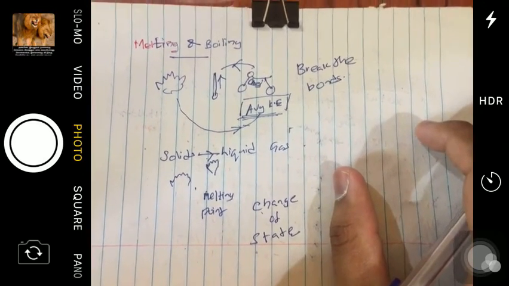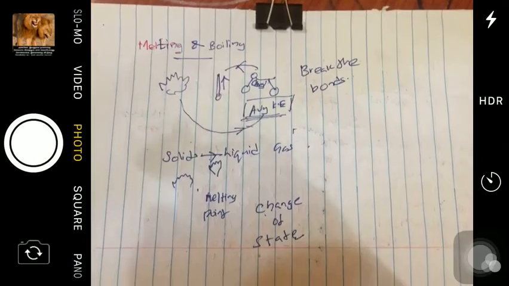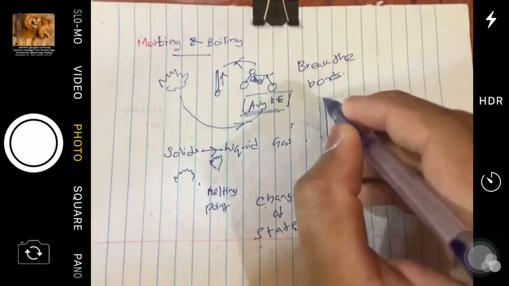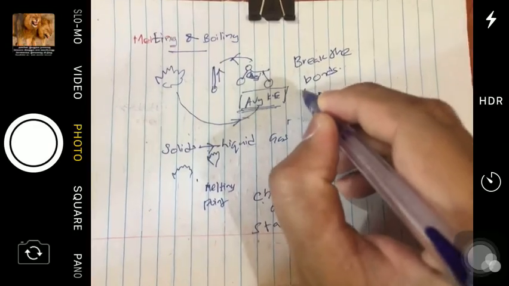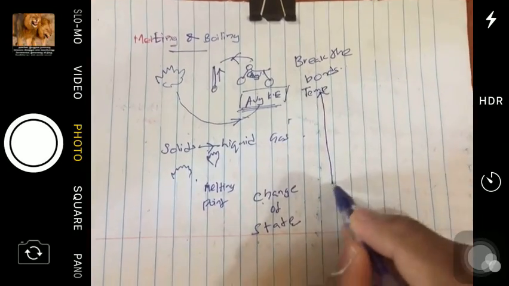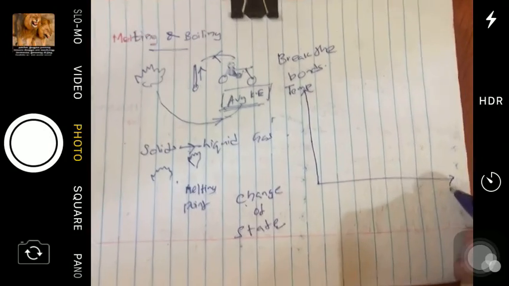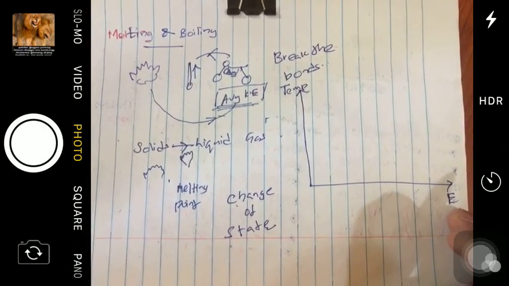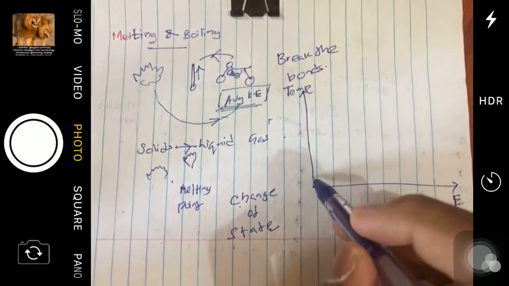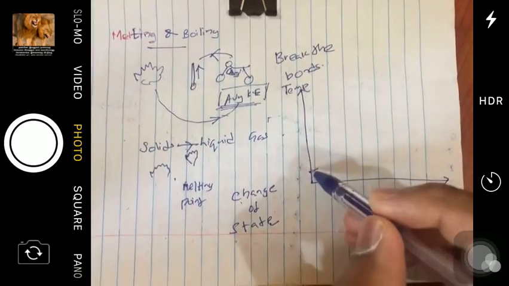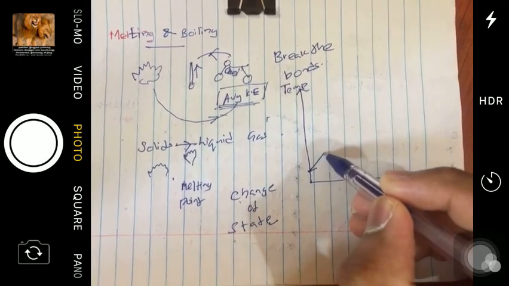So what happens is, you're giving energy. If you try to draw a graph of the temperature of that substance against the energy that you are providing, E, it is initially at a certain temperature. You are giving energy, its temperature is rising.